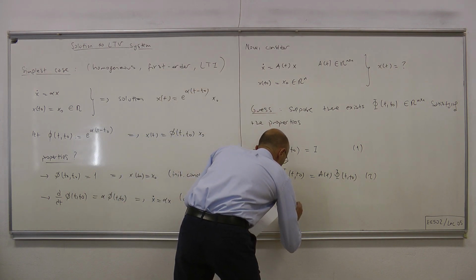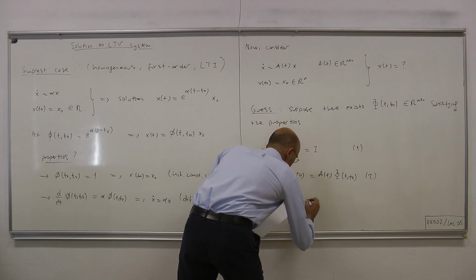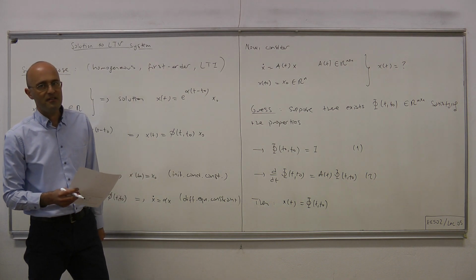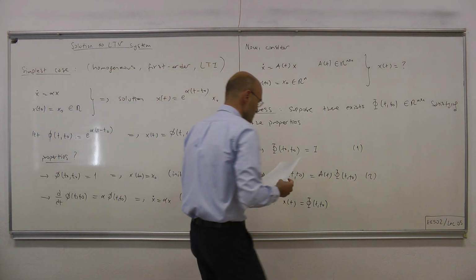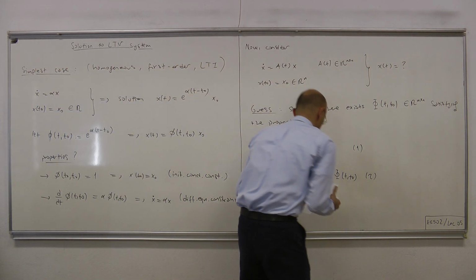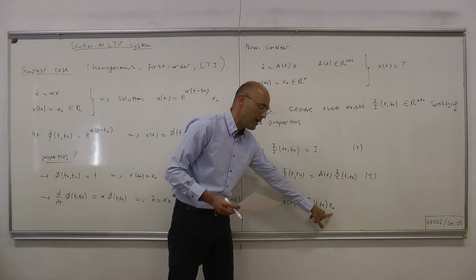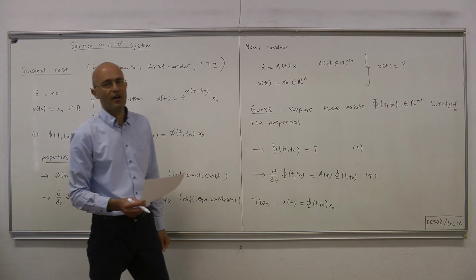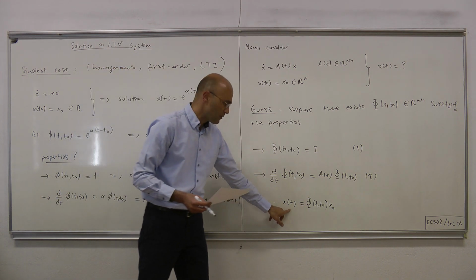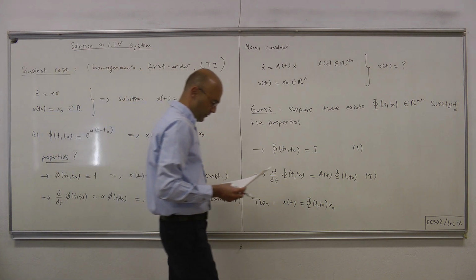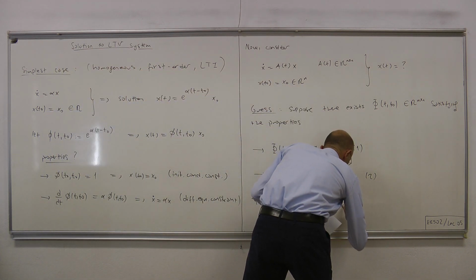This matrix phi(t, t0) multiplying the initial condition vector: the matrix is n by n, the vector is in Rn, and the n by n matrix times the vector in Rn gives us a vector in Rn, and that vector will be the solution.